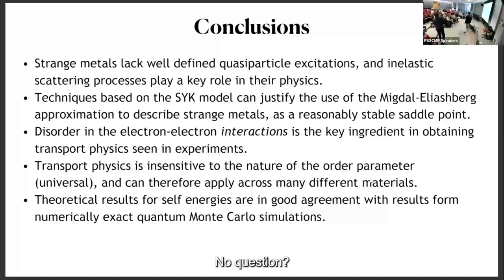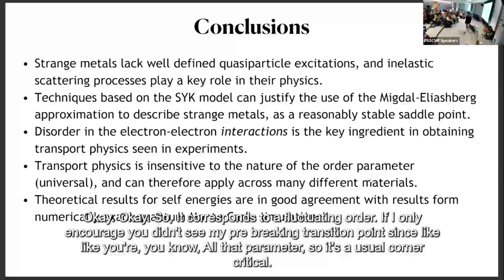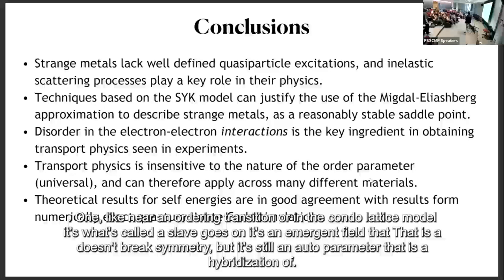Question? What is the physical origin of the boson you mentioned? So it corresponds to a fluctuating order parameter in the symmetry breaking transition, for instance your antiferromagnetic order parameter, the usual quantum critical boson near an ordering transition.